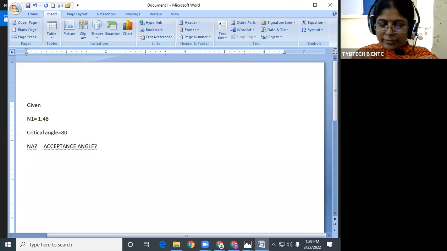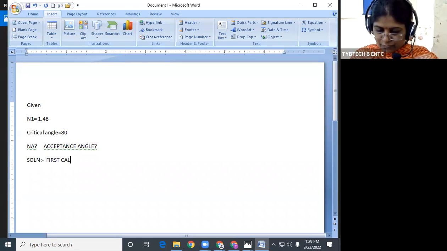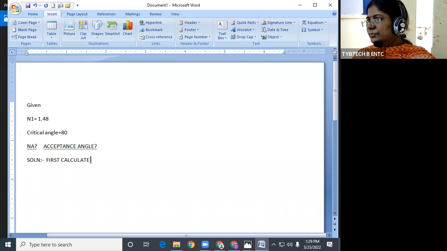So what I will write here in the solution? काय बघा. First calculate which value? कुठली व्हॅल्यू कॅल्क्युलेट करावं लागेल तुम्हाला? N1 आणि phi C वरून N2. N1 is given, phi C is given. So first we have to calculate N2 value.